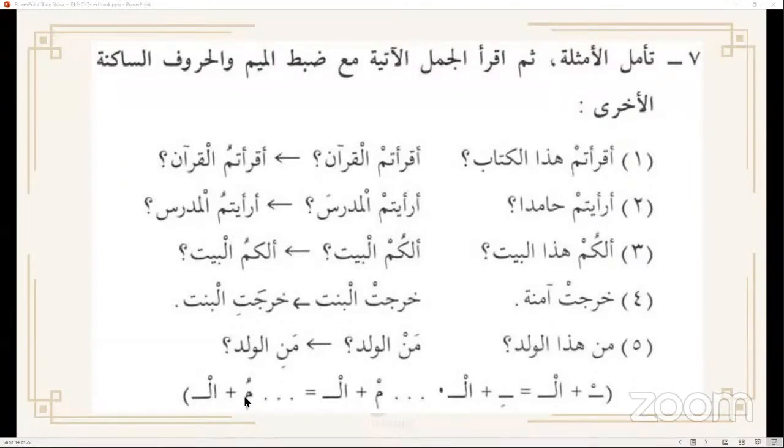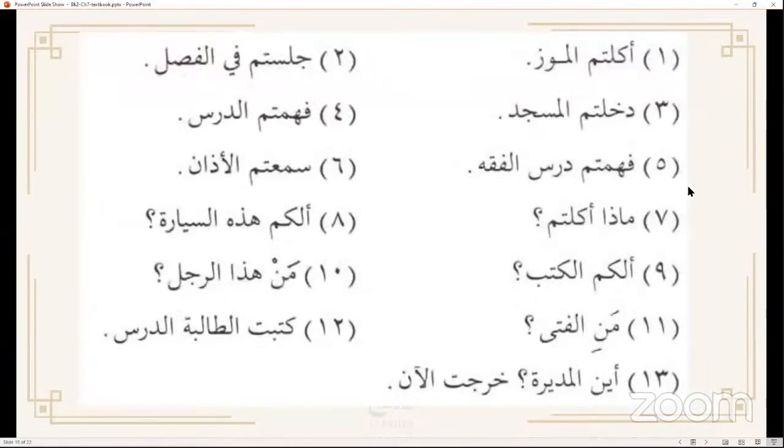This is the rule that I explained to you in the concepts: if the previous word ends with sukoon and there is al coming after it, and lam is having sukoon, you will put kasra, except in certain situations, like when meem is there and you put dhamma. أكلتم الموزة, meaning you all ate the banana. جلستم في الفصل.